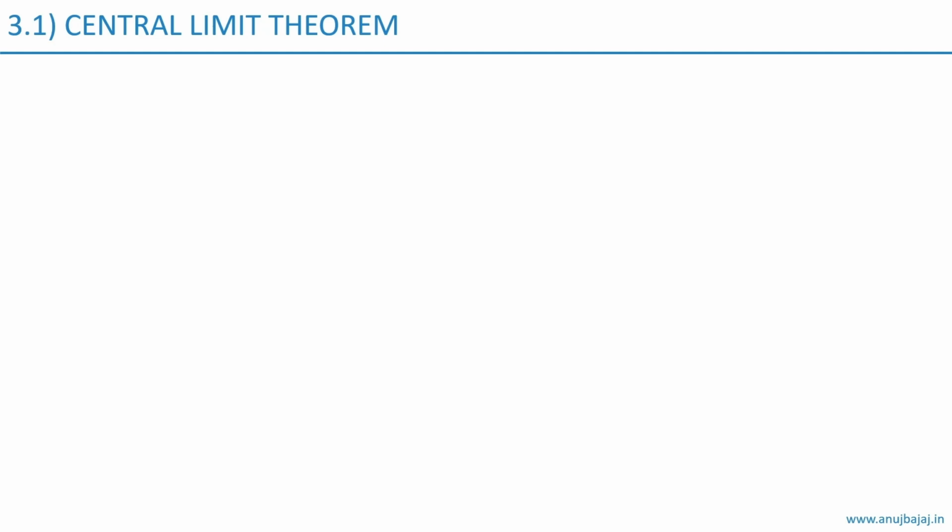Now we will look at what the central limit theorem is. Suppose I have a population and this population has a mean of mu, and I randomly draw a sample from this population and this sample has a sample mean of x bar.